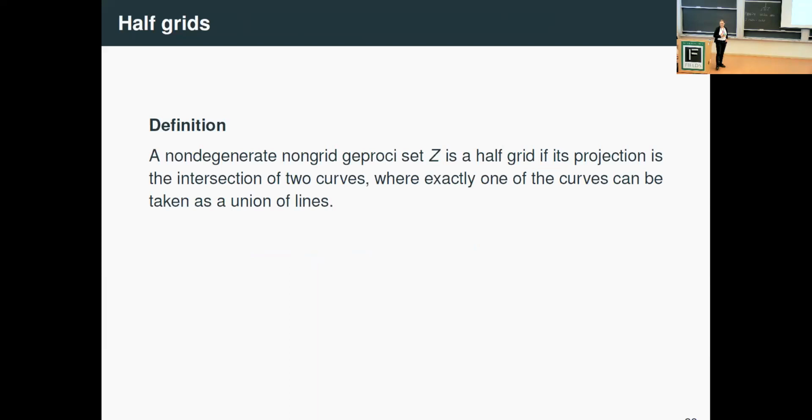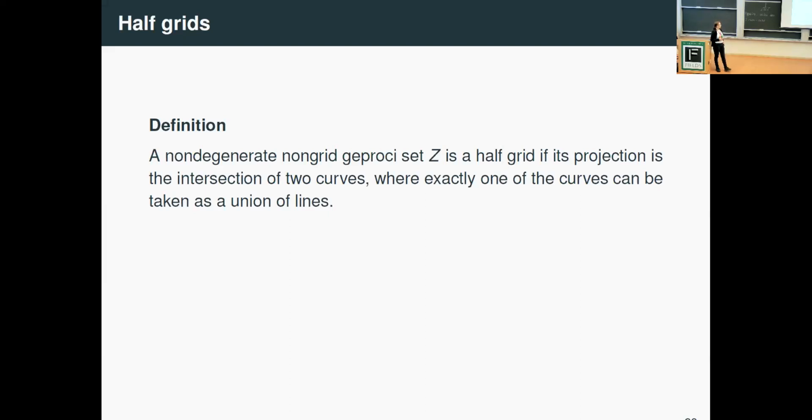So all the sets we considered that were not degenerate and not grids were of the type that after projection we had some lines. And this is what we call a half-grid. So it is a grid in one way.